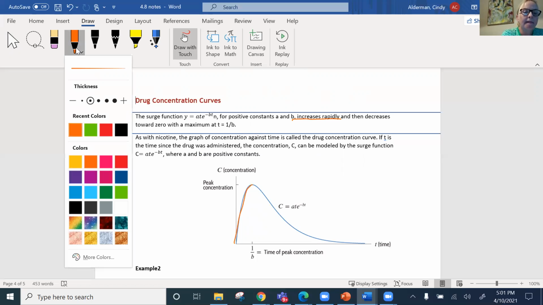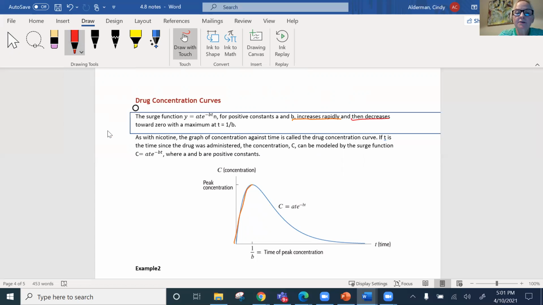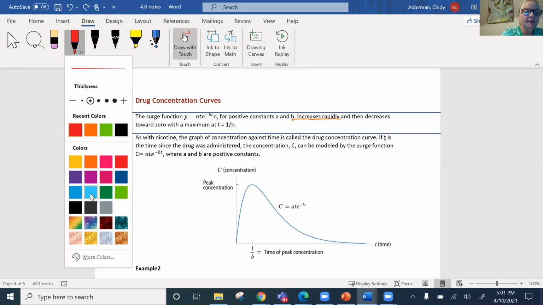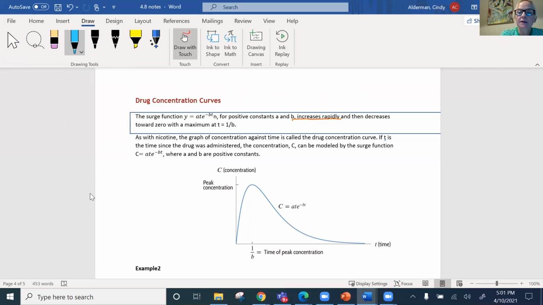And then decreases towards zero with a max. Let's make that a different color so you can really see it. Okay, and then it's going to decrease towards zero. That's this part.